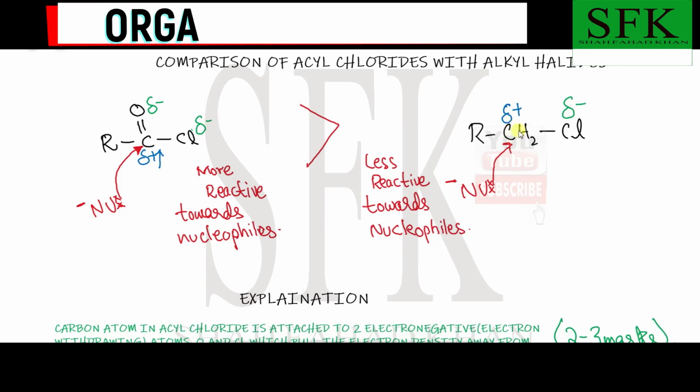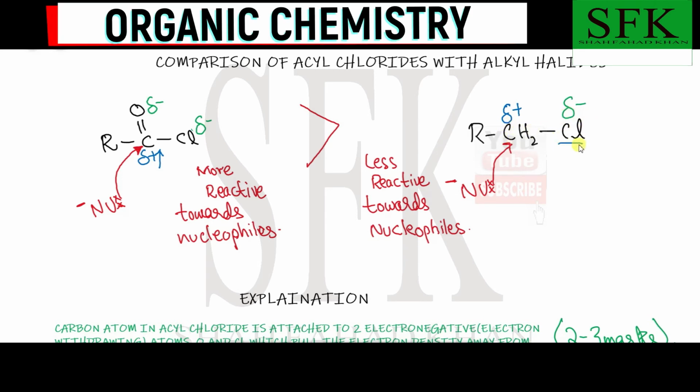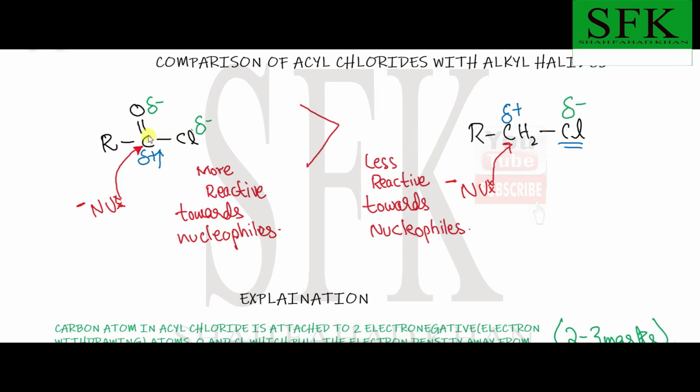So this carbon is more electron deficient compared to the carbon in alkyl halides, because the carbon in alkyl halides is connected only to the chlorine atom, which is electronegative. But oxygen and chlorine are both bonded to the same carbon atom in acyl chlorides. So since the partial positive charge on the carbon atom is a lot more compared to the partial positive charge in alkyl halides, acyl chlorides are more reactive towards incoming nucleophiles.